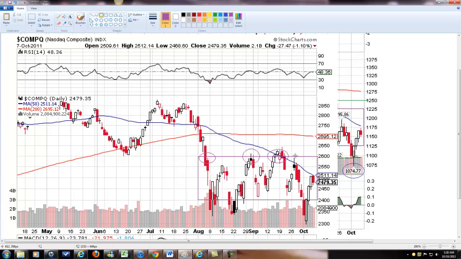But then the Greece news hammered us back lower, tested up here again. So you can see where 2,600 is coming into play, and then to the downside, 2,400, 2,350. We mentioned 2,298 on August 7th, and what you'll see here is a test down to 2,300.